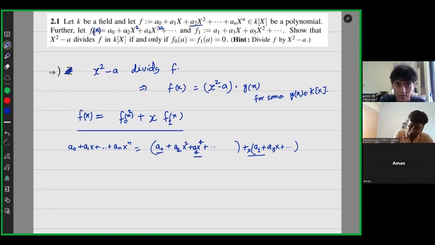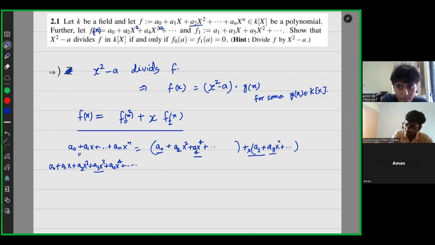Let me write some extra terms: A0 plus A1x plus A2x square plus A3 x cube plus A4 x power 4 and so on. We want A3 x cube. A3 is here, so we want it from here also.